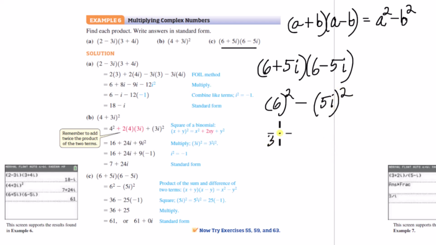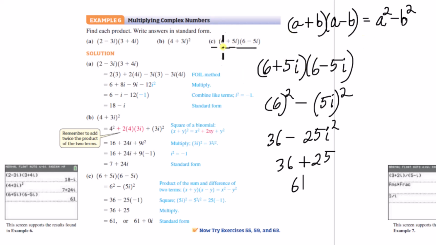Okay, so that's 36 minus 25i squared. So it's 36, i squared is -1, plus 25. That's 61. And that's a real number. There's no i component. I mean, technically this is a complex number, but it comes back to just being a real number, what we think about as a pure real number. So that's what's unique about this multiplication.